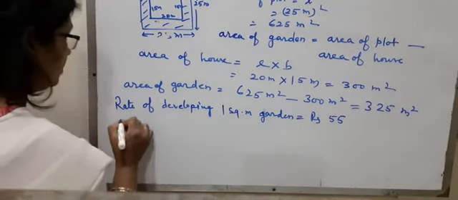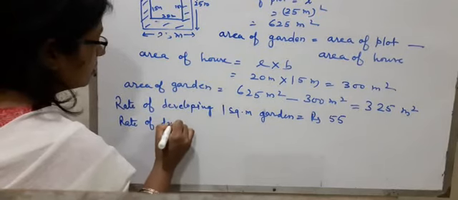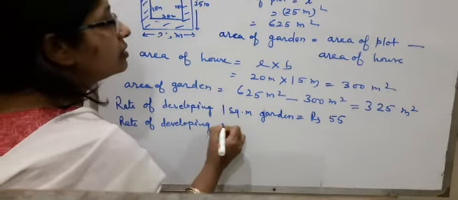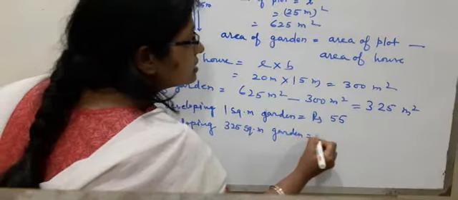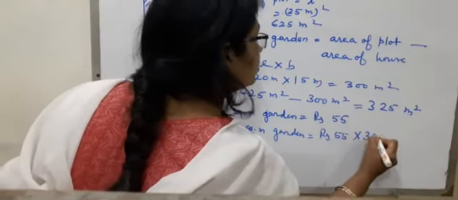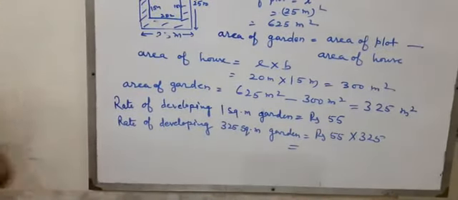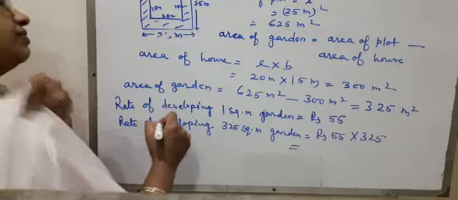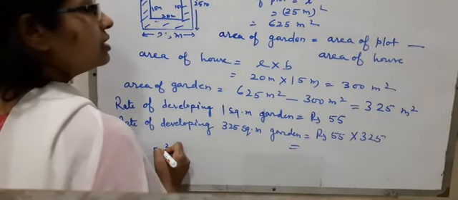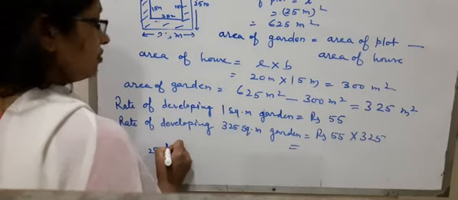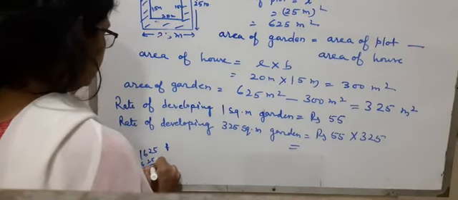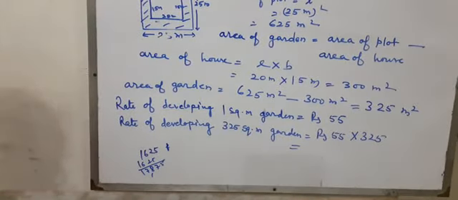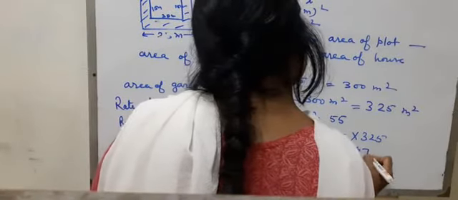So rate of developing 325 square meter garden is rupees 55 multiplied by 325. 5 5s are 25, 5 2s are 10, 11, 12, 1 carry over, 5 3s are 15, 16, 17,875.